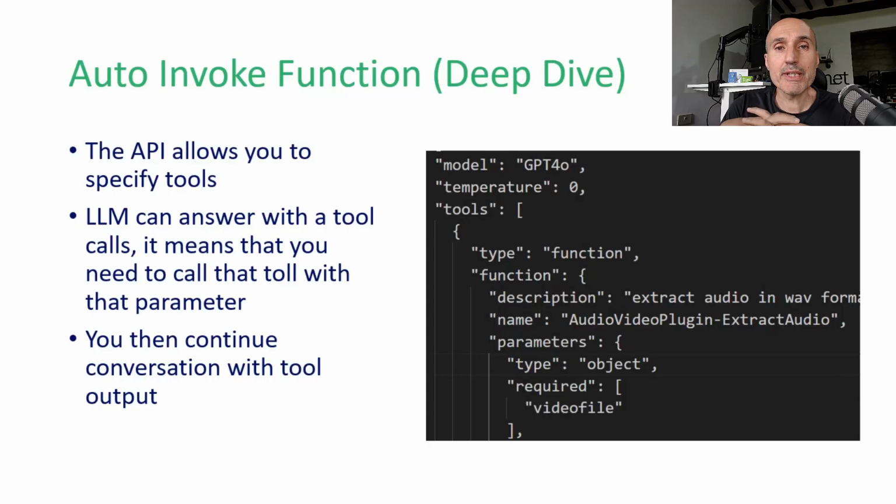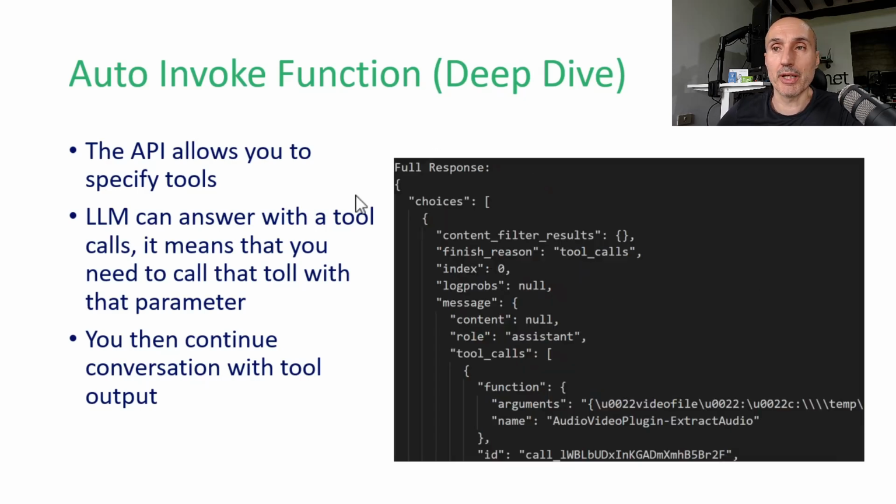To recap what is happening, the API allows you to specify tools. As you can see in the first request, the Semantic Kernel tells the large language model, with the tools section, which tools you have at disposition on your machine. Then the answer can include a tool call.